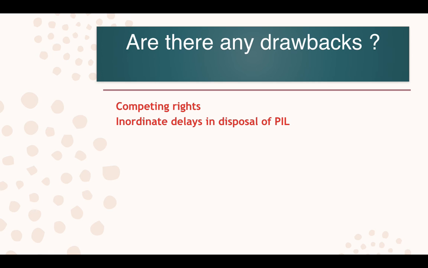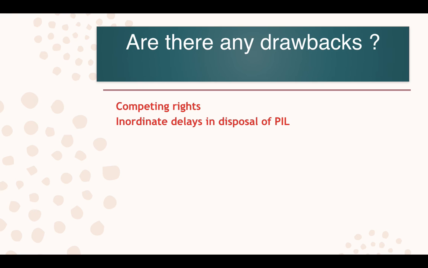Competing rights is one issue. Whenever a public interest litigation issue comes up and is discussed, there might be an issue of a competing right. Example, when the court orders a polluting unit, industry or factory to be closed, it deprives the workmen and their families of their livelihood.